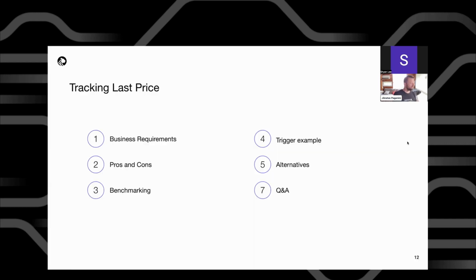And today we are going to talk about tracking last price. So it's very common that you want to check the last price of some specific stock. So how are you going to do that? You have a very huge stream. Sometimes you have like 10 events per second. Sometimes you have dozens of events per second.